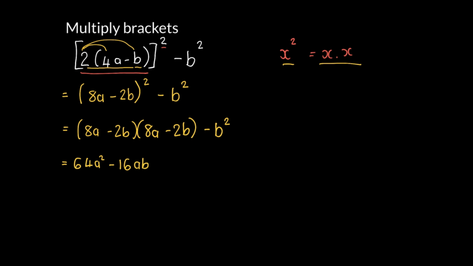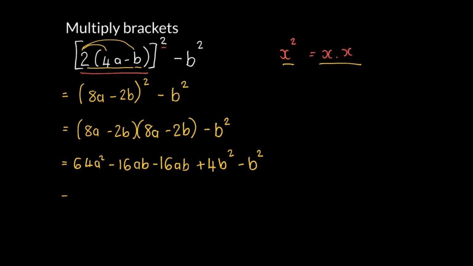And then negative 2b multiplied by 8a also gives us minus 16ab. Then I'm going to get negative 2b multiplied by negative 2b, that is plus 4b squared. And then I can't forget about my minus b squared that's following behind all of this.